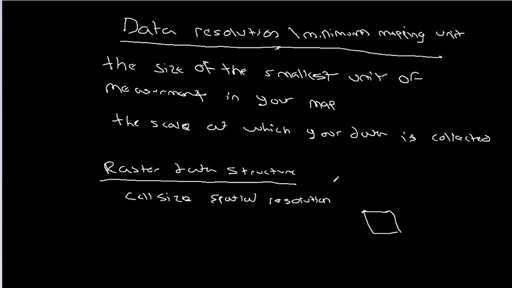But either way, the raster data structure has this idea of cell size or spatial resolution, which is basically just a measure of the length of one side of your pixel. So this length right here is going to be your cell size or your data resolution.